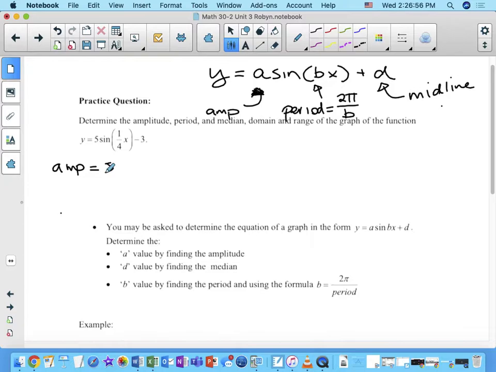What's the midline going to be? It's -3. Midline or median, the same thing, is -3. What would the period be? How would you figure it out?